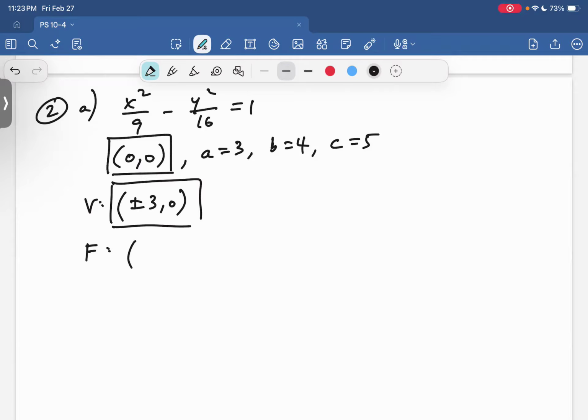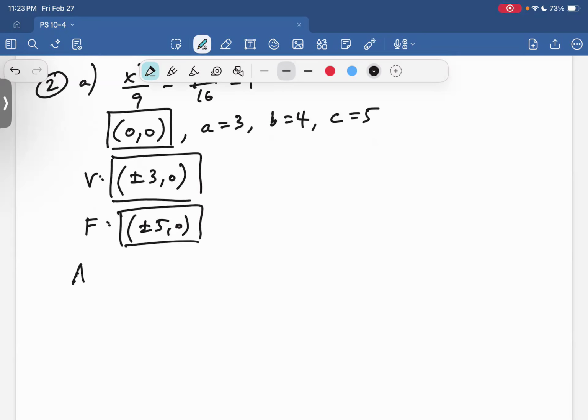So that will be plus or minus 5 comma 0. The asymptotes are going to be y equals plus or minus, this is horizontal, so it should be b over a, so 4/3 x.